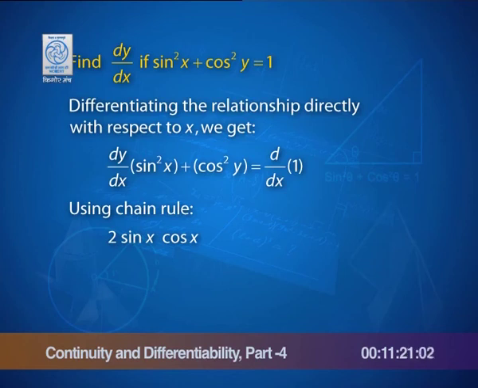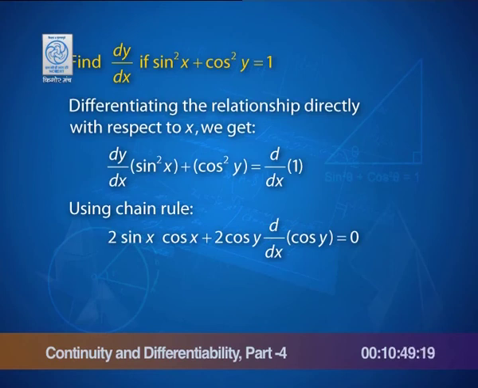Again, it is a composition. The outermost function is the square function, then the cosine function, and then another function, that is y, which is a function of x, present. Therefore, applying the chain rule, I get the derivative as 2 cos y into the derivative of cos y, and the right hand side of course is 0, because the derivative of a constant is always 0.